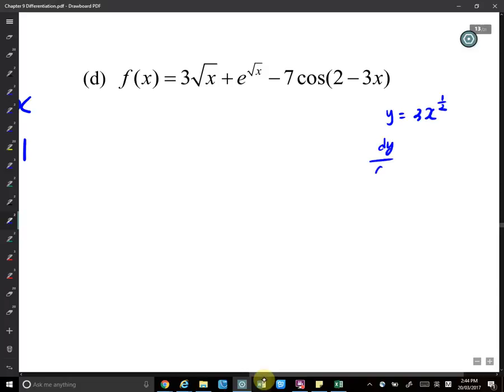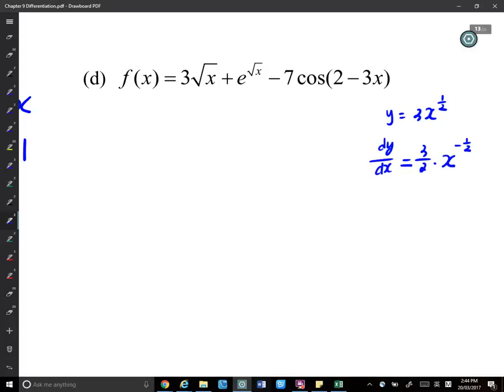Then what is the derivative of that? dy/dx equals 3 over 2 times x to the power of negative a half. This is the power to the front, and I'll reduce the power by 1. Because it's a constant power, I'll reduce this by 1. So I have negative a half.